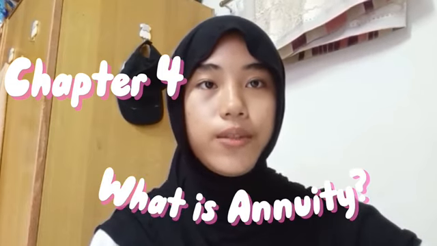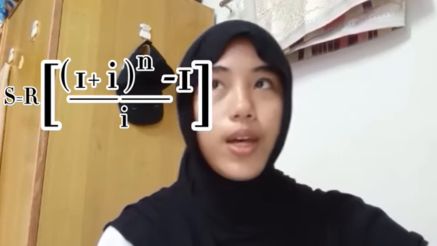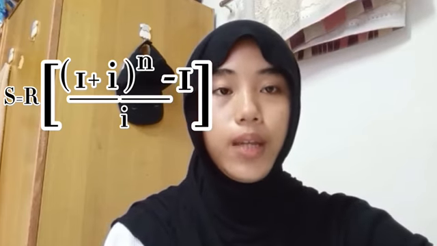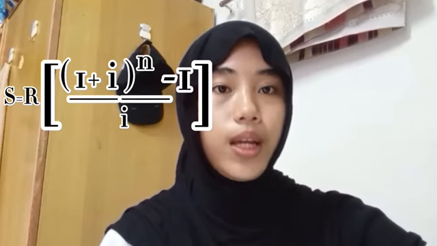Okay, now it's my turn to explain Chapter 4. What is an annuity? An annuity is a financial product that gives regular payments over a period of time, like getting a paycheck from money you already saved. This is the formula to find the accumulated amount: S = R[(1 + i)^n - 1]/i.